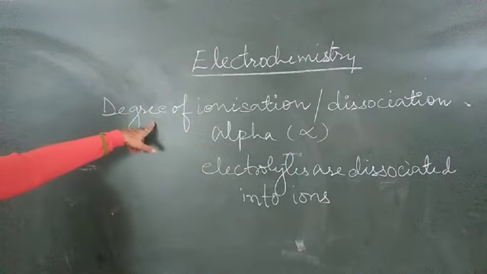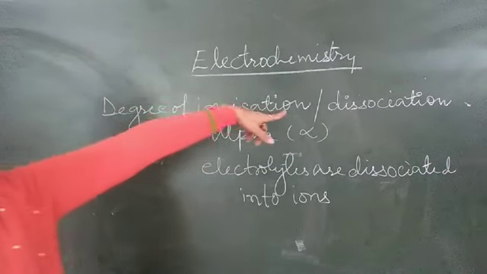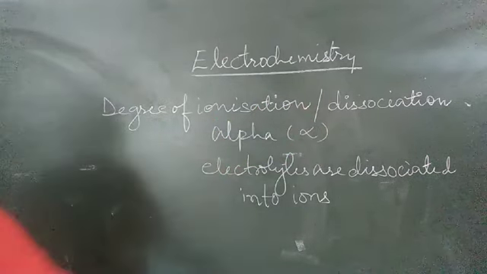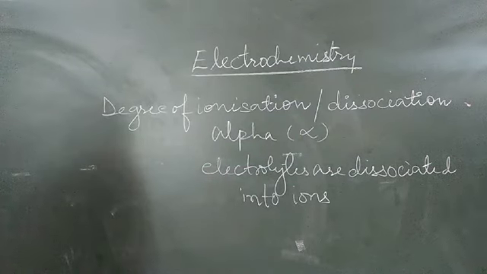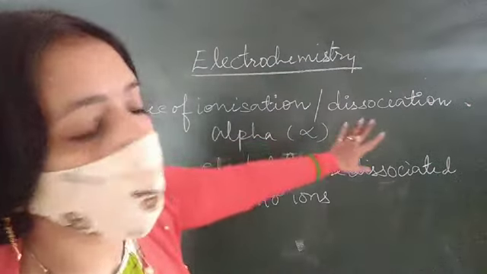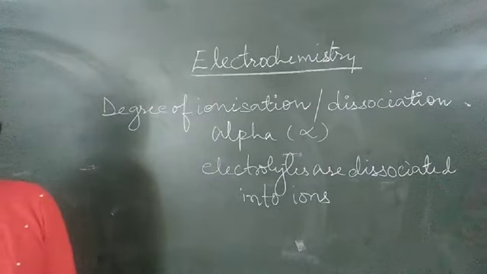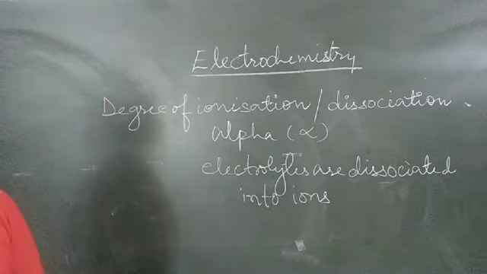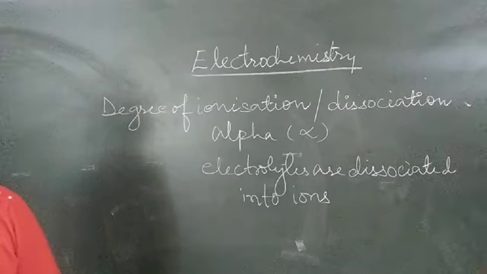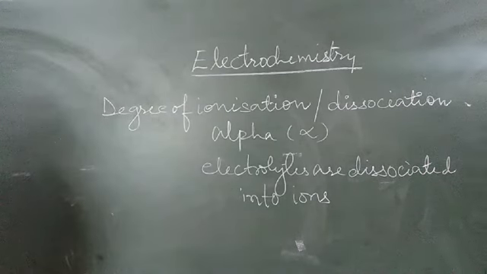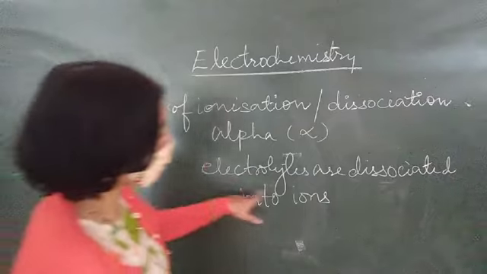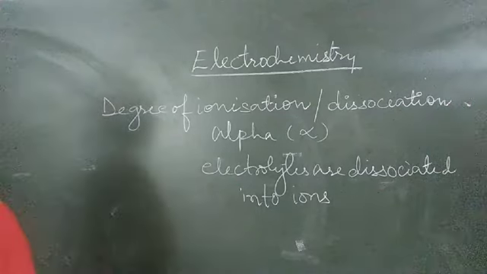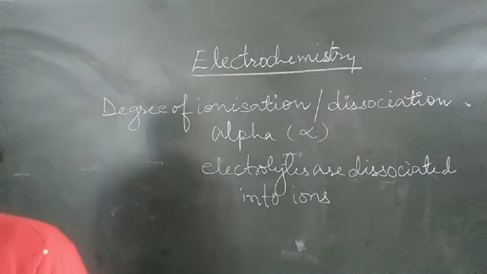It is the degree of ionization, as well as it is also known as degree of dissociation, okay? So note it down. The fraction of total number of molecules of the electrolytes which ionizes in solution.